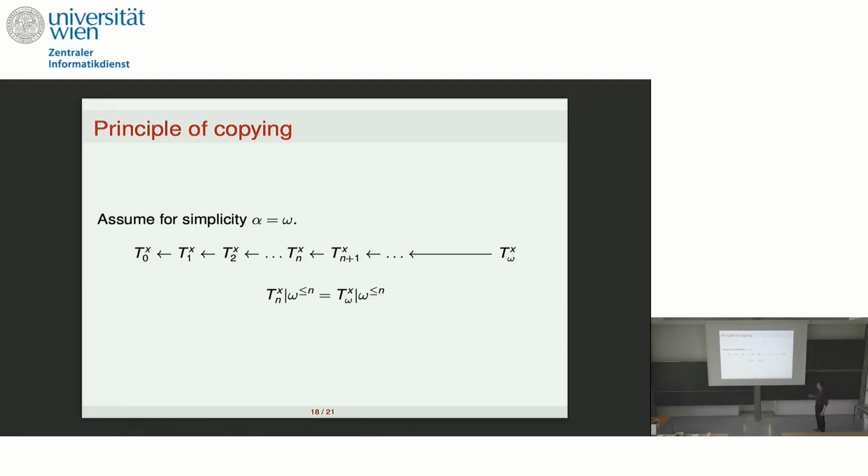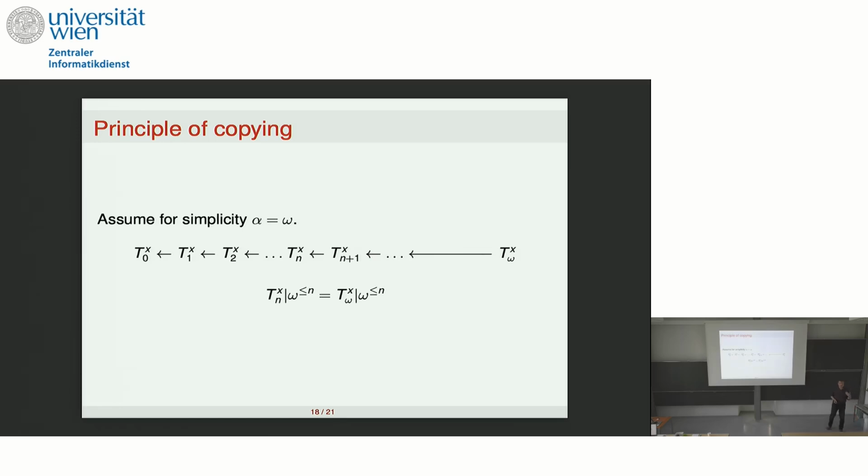If we take the nth tree and we restrict it to sequences of length at most n, it will coincide with the tree T_X omega restricted to sequences of length at most n. So this is the first step of the construction, and we simply take certain parts of this tree and we copy them to these trees.